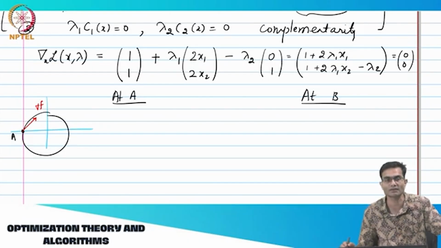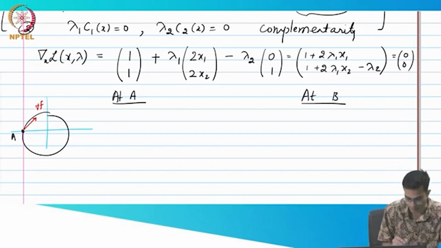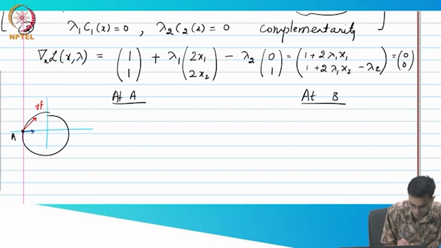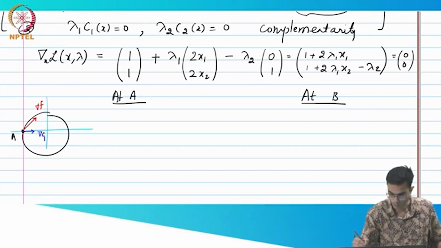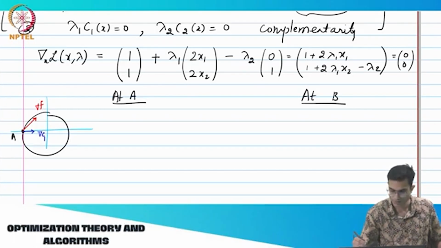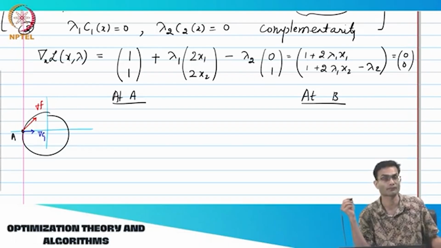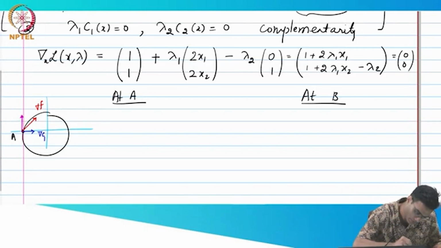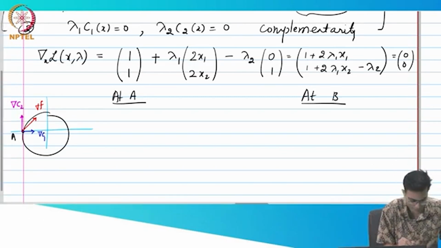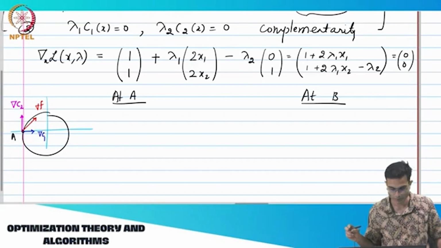Grad C1 points to the interior of the circle, so it's radially inwards, right? So this is my grad C1. Which way is grad C2 pointing? Upwards, (0, 1), right? So this is my grad C2.